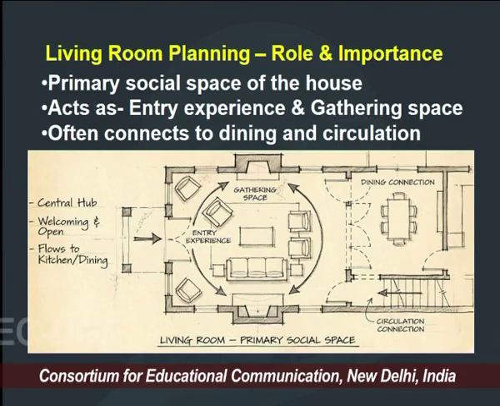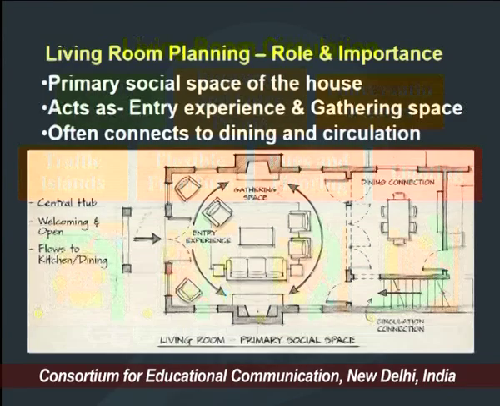So the living room is the first space, which is the primary social space of the house. Anybody who is unknown to you, any visitor, first enters into this space. So this acts as the entry experience, and it also acts as a gathering experience. It usually gets connected to the dining room and the circulation.